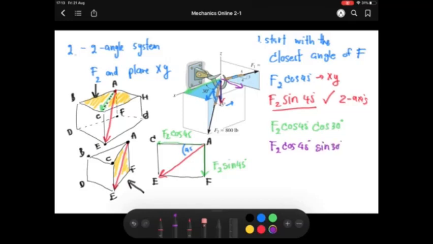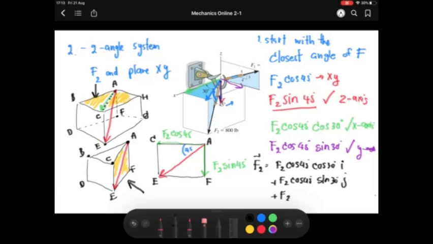So you check it again. This one is on the y-axis and this one is already on the x-axis. So we can write down that vector F2 is F2 cos 45 cos 30 i plus F2 cos 45 sine 30 j, and then F2 sine 45 k.